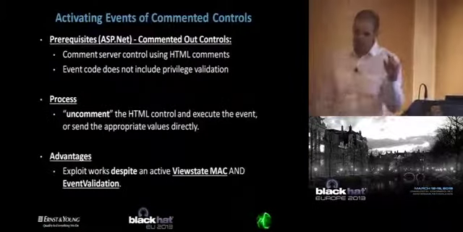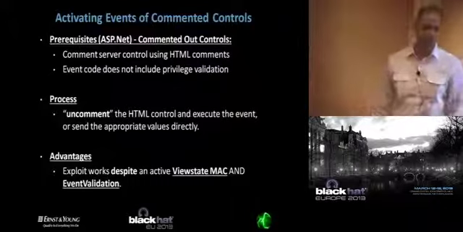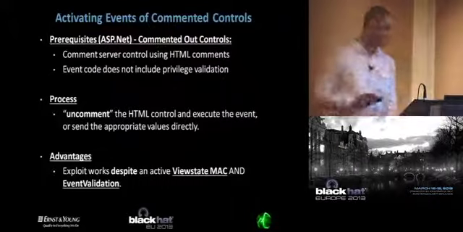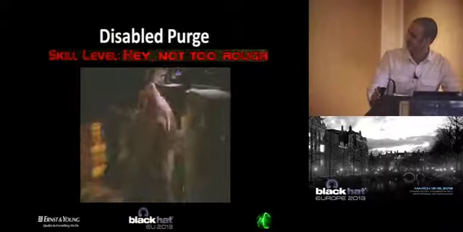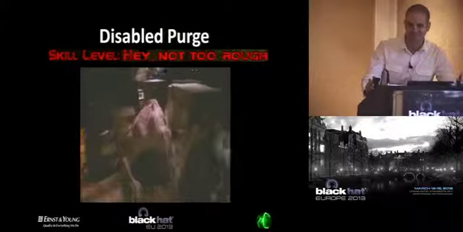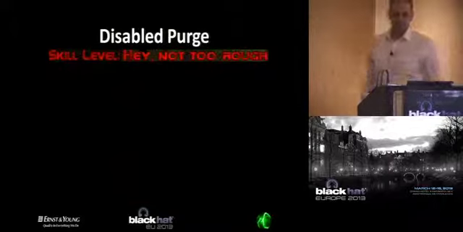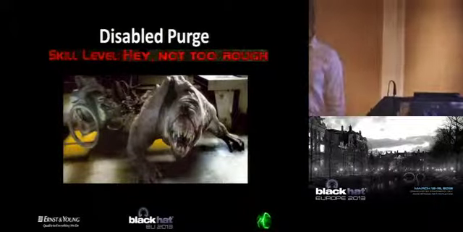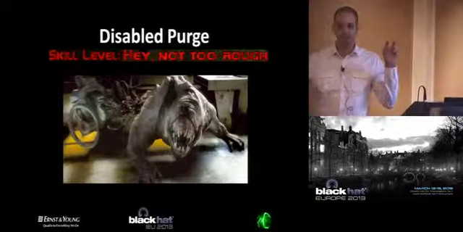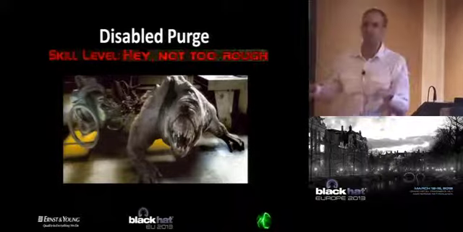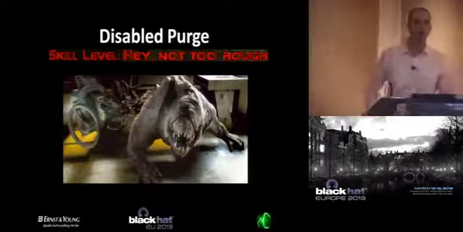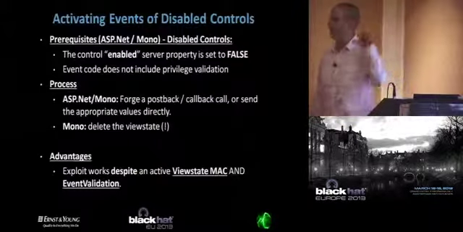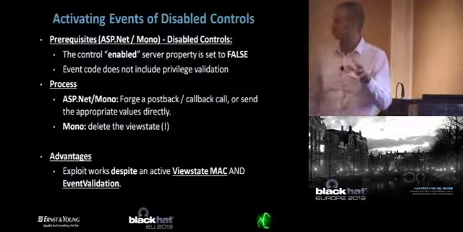It becomes a bit more interesting in the second type, which is a disabled control. When trying to defeat the disabled property, we have to do something very similar to uncommenting controls, but this time we have to forge a doPostBack call in addition to that.